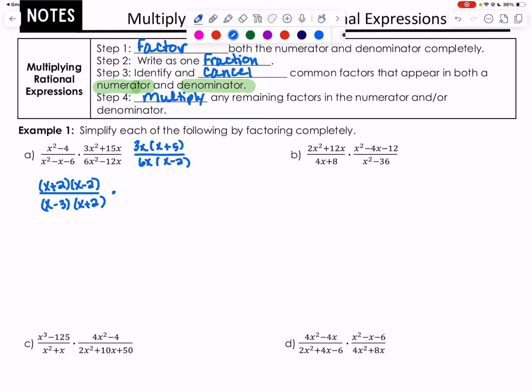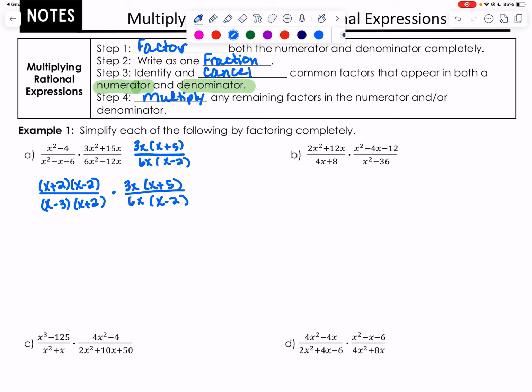So I rewrote the first fraction where I'd factored the numerator and the denominator. And the second fraction I can rewrite as 3x times x plus 5, over 6x parenthesis x minus 2. All right, so we did step one. We factored the numerator and the denominator completely.